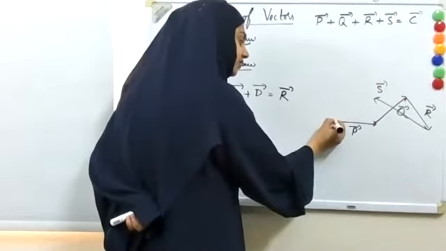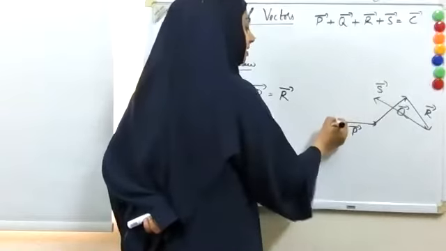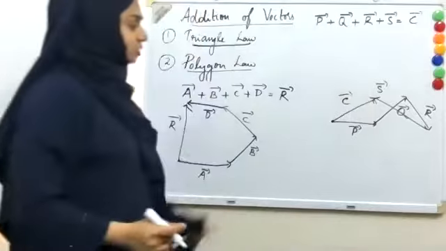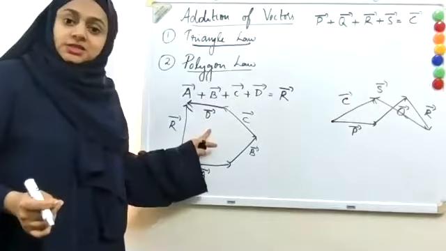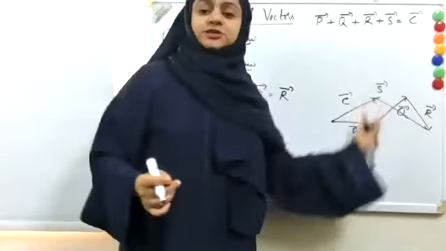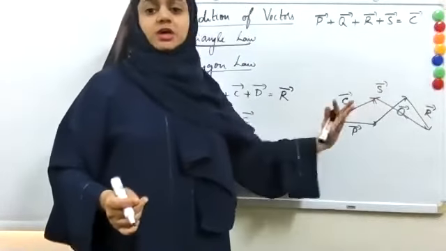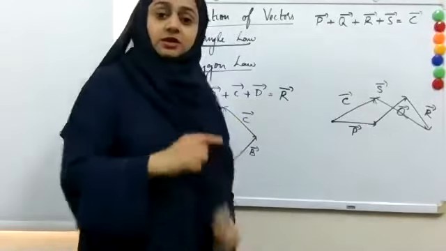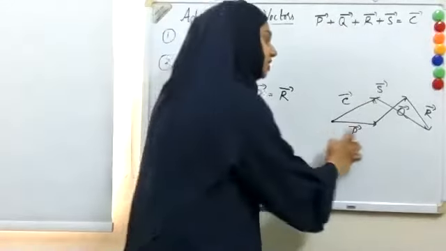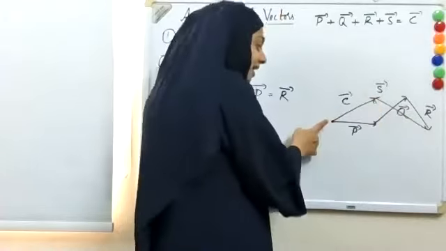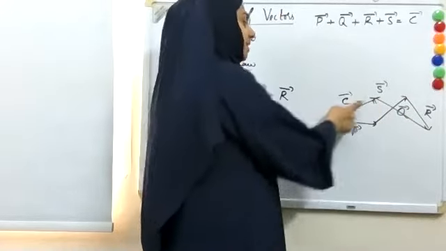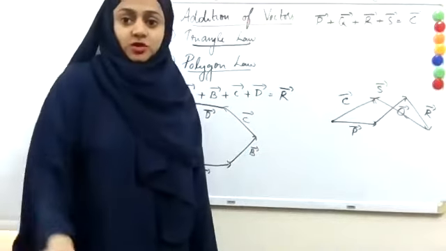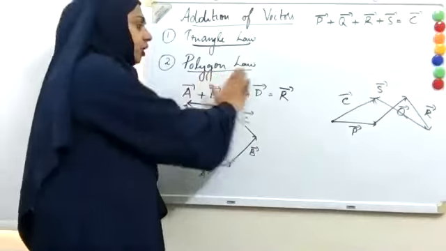Vector C should be from the starting point to the ending point, taken in the opposite direction. So it need not be always like this. It can be in any shape. It can cross over. It doesn't matter. Still, all the vectors which we are adding, you have to take in order, and the resultant will be taken in the opposite direction. Is that clear to you? Polygon law?